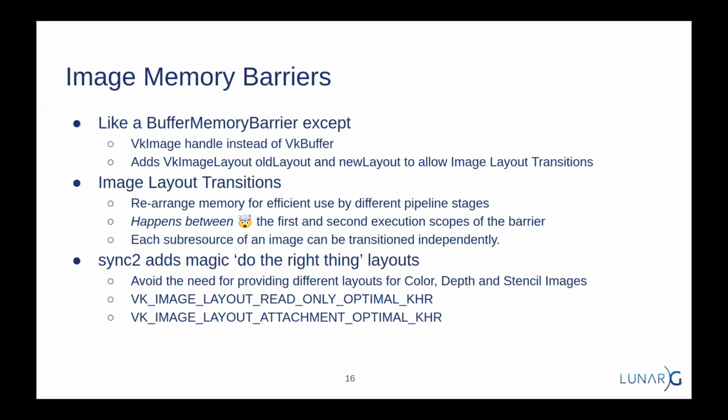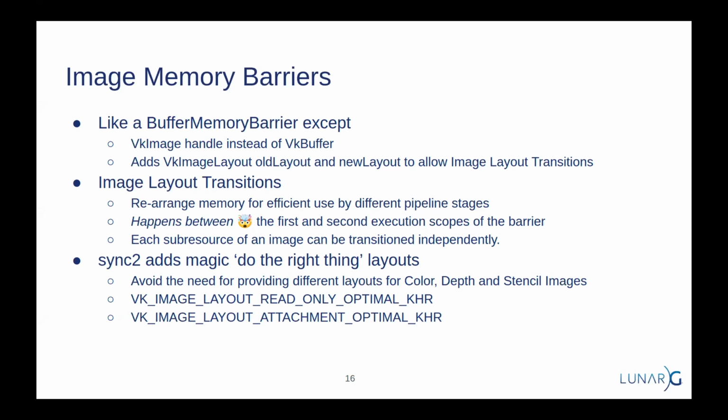And then image barriers are just like buffer barriers. You can do queue family ownership transfer with them. And they also add old and new layouts to allow you to do image layout transitions. And again, these are pretty confusing. These will rearrange the memory between different formats depending on what you're doing with that image at any one time, because different parts of the GPU will work more efficiently in different formats.